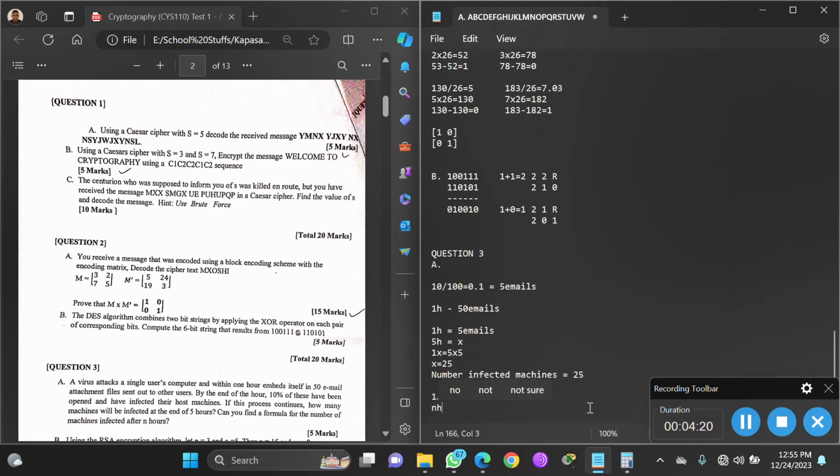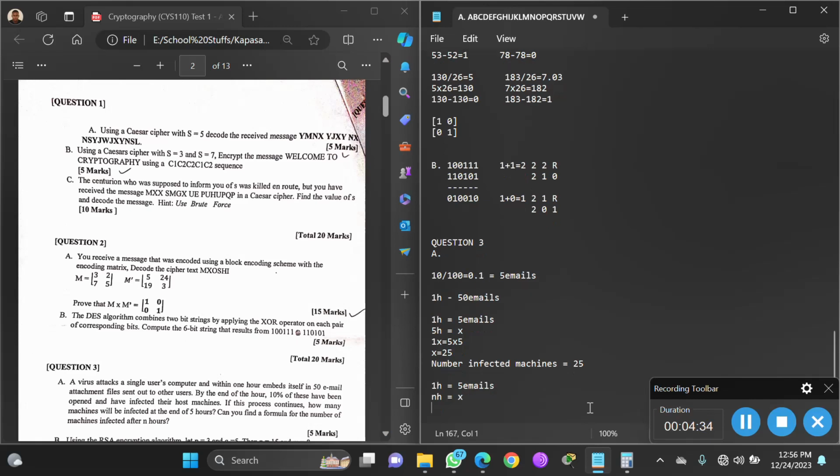Then n hours, which we don't know, should be equal to x, as we said. So basically, x is equal to 5n, because 5 times n is 5n.